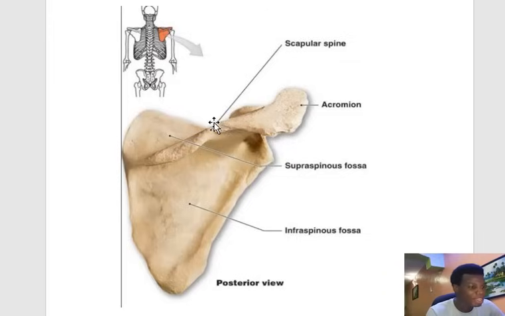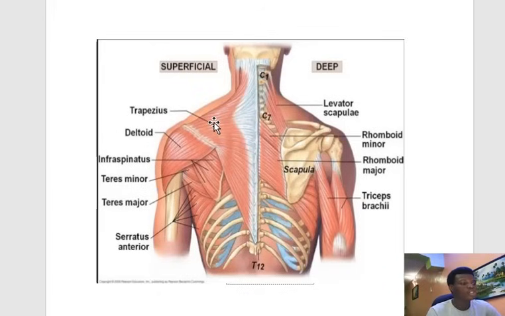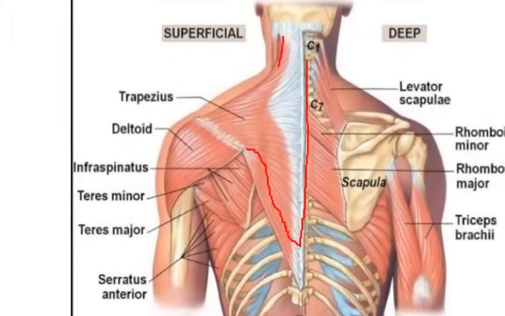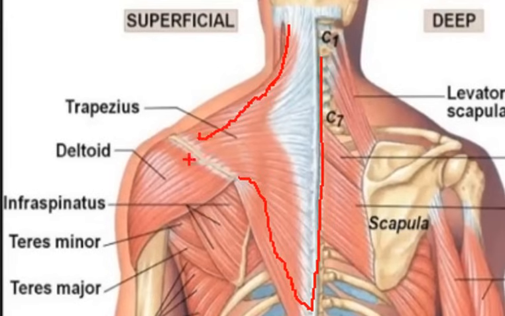There are two very important muscles, trapezius and deltoid. Okay, so this very large sheet of muscle right there is the trapezius, and you can see the trapezius is inserting on the spine of the scapula right there, the part I'm painting green.